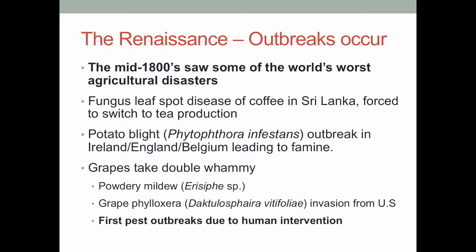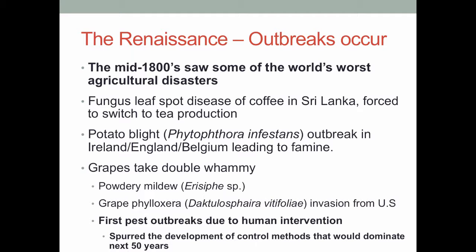And powdery mildew and grape phylloxera are arguably the first outbreaks that were due completely to intervention from people. Basically from the idea that when people came to North America, they discovered all sorts of North American grapes, and they wanted to see how they would do in Europe, and they brought them over and inadvertently introduced all of these pests that they didn't realize they could transport so easily.